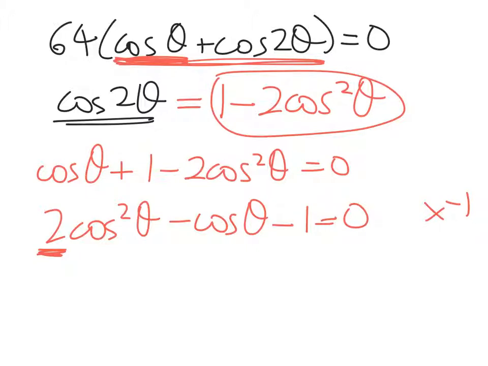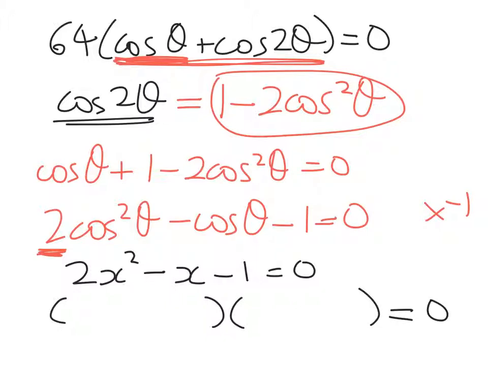If you're looking at that and thinking, oh, I can't remember, trig was a long time ago, let's just rewrite it as 2x squared minus x minus 1 equals 0. And see that it's a very easy one to factorise. 2x times x, let's see, we want to get a minus 1 here. So it's going to be a minus 1 here and a plus 1 here.